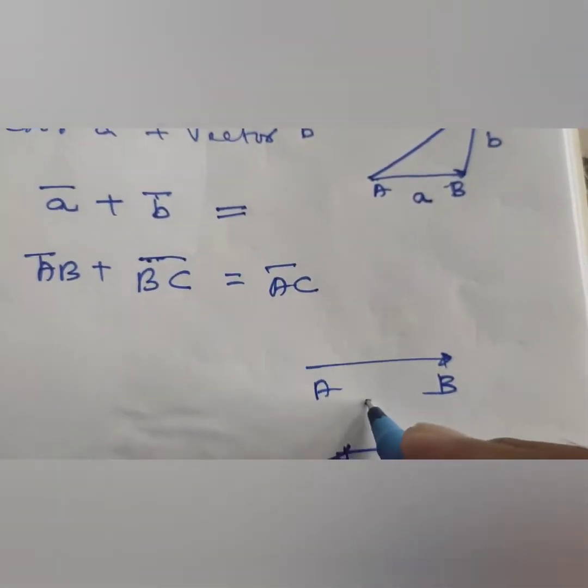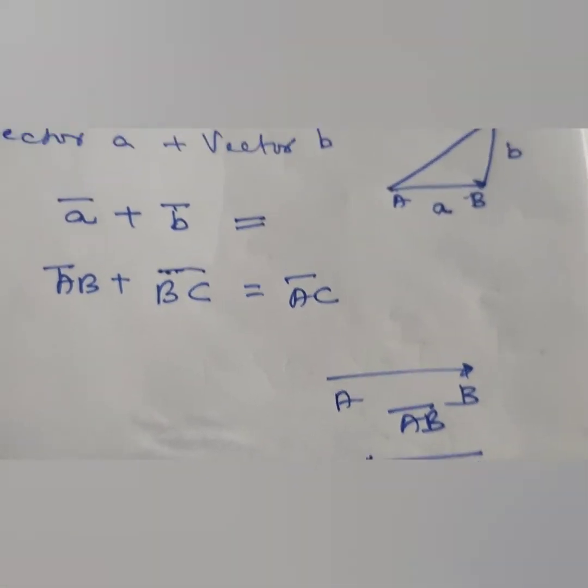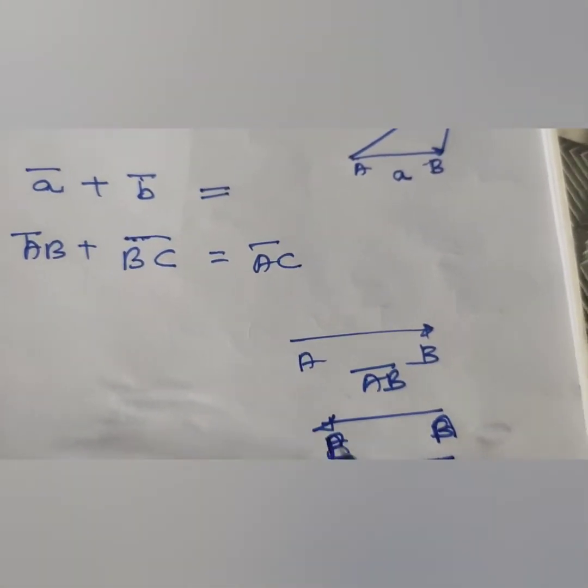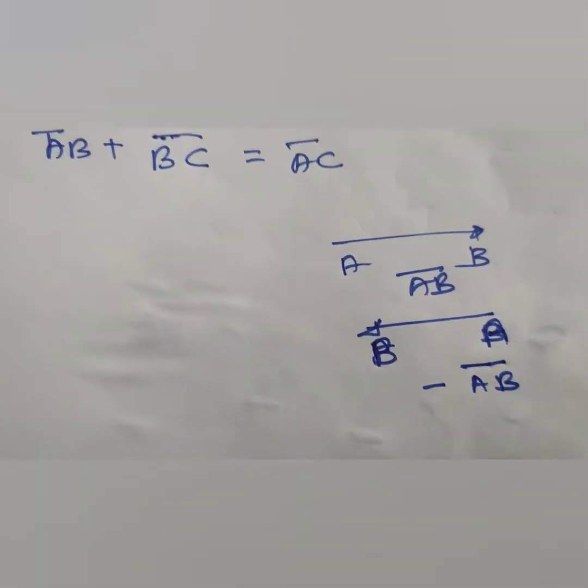Minus AB means opposite direction. Okay.